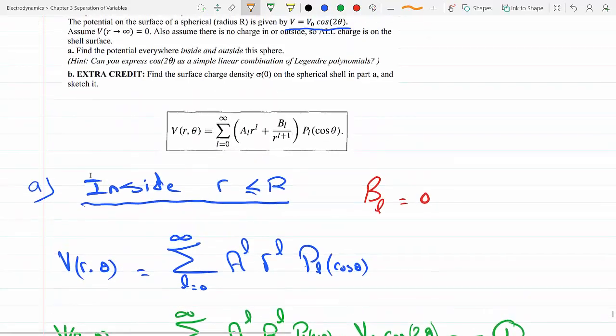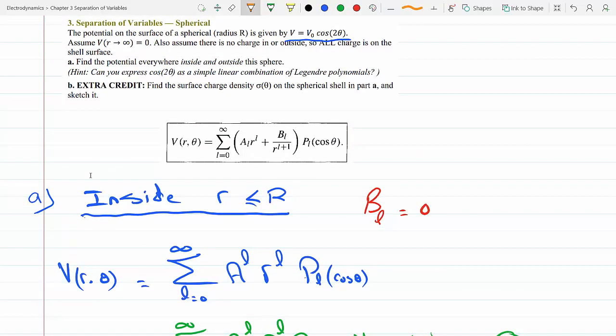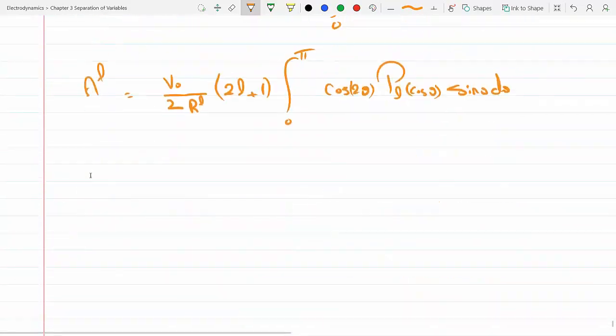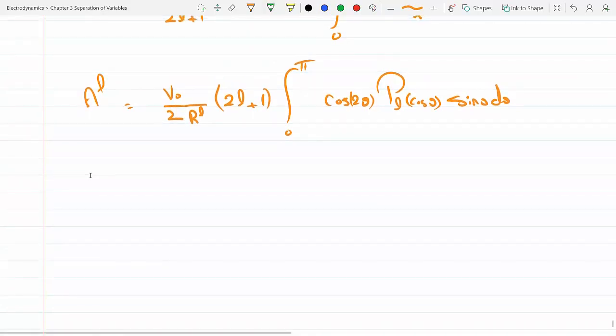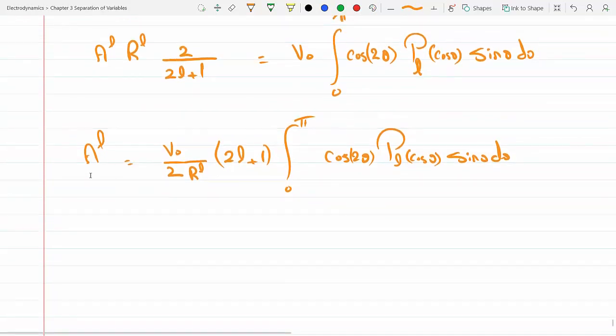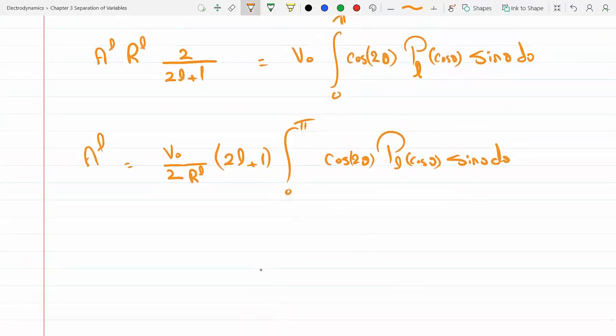Now going back to boundary conditions, I'm gonna go outside the sphere, and that's where r is greater than the radius.